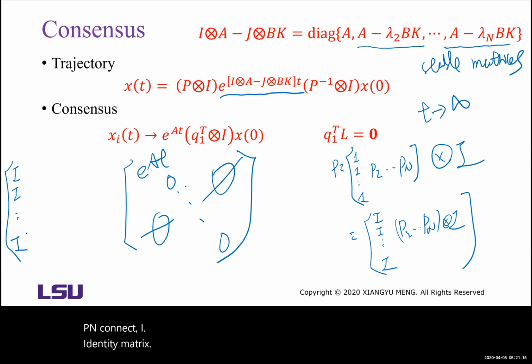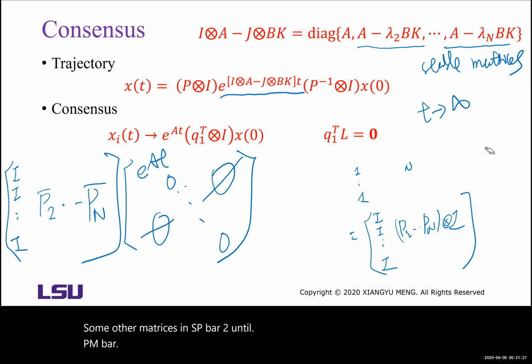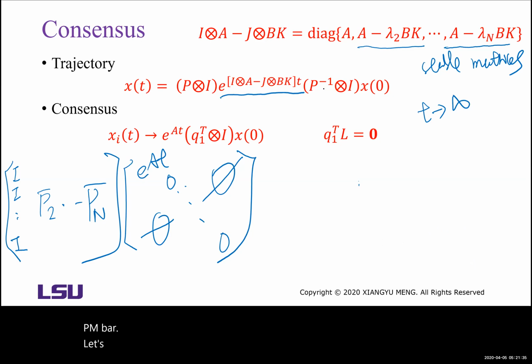Then we have some other matrices. Let's say P bar 2 until P bar n. Let's assume we know the P inverse. The P inverse contains, each row contains the left eigenvector associated with each eigenvalue.